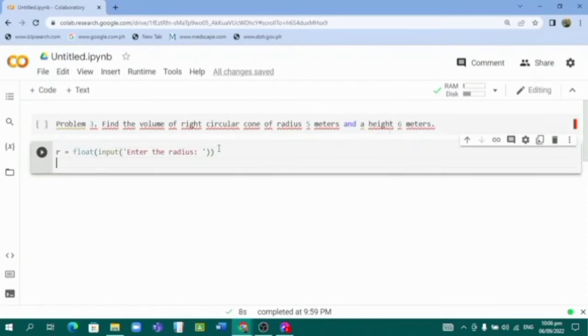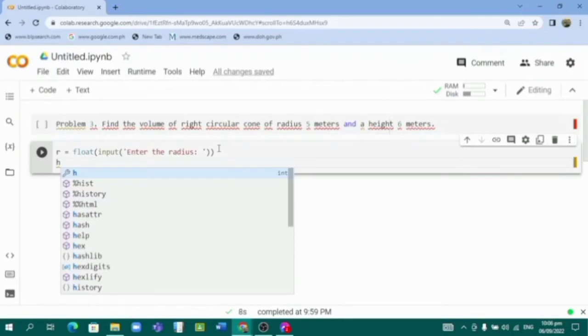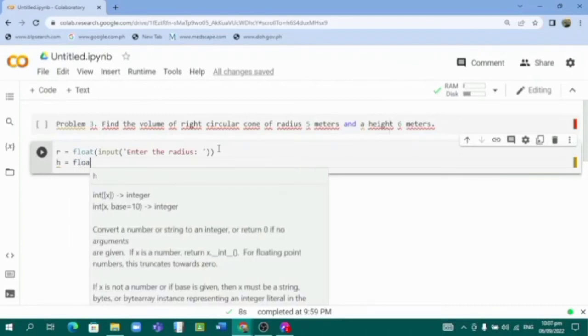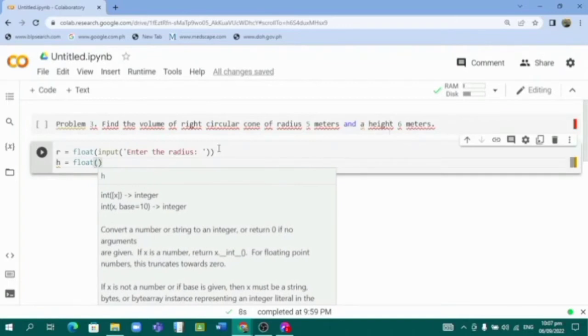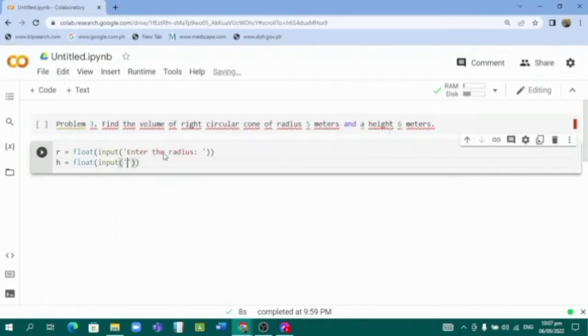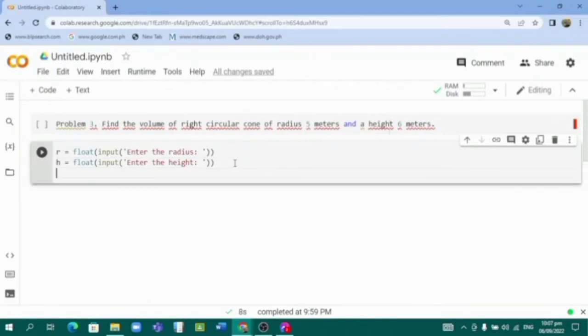The second line, we're going to type here h, which represents the height, equal, float function, close open parentheses. We're going to put input to ask the user to enter the height, close open parentheses, quotation mark, colon, then space. In the third line, we're going to put here the value of pi, which is 3.1416.